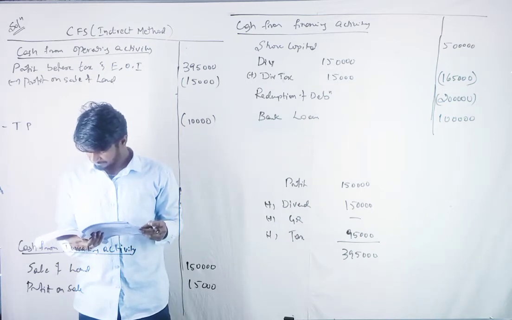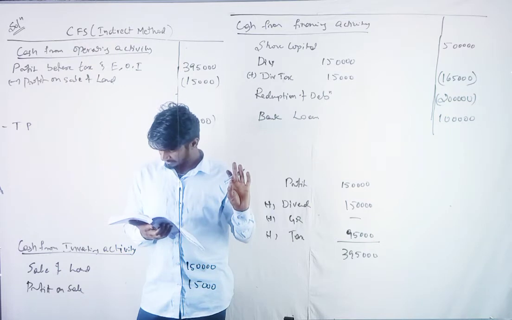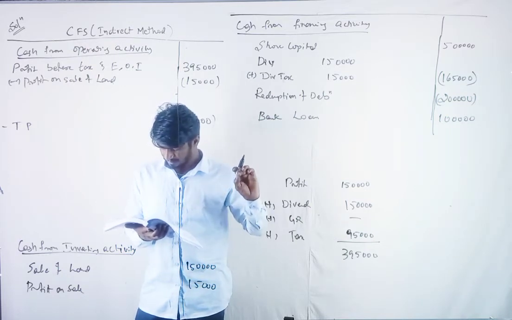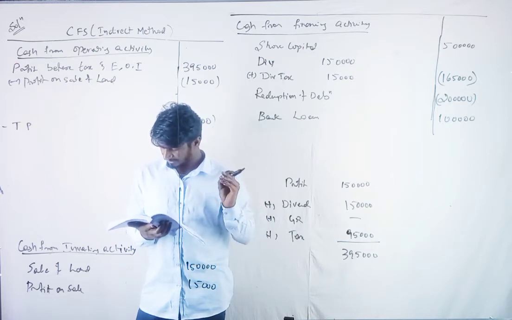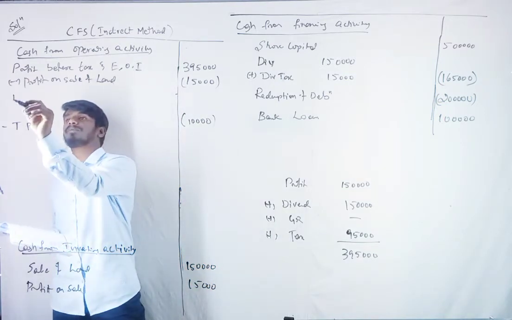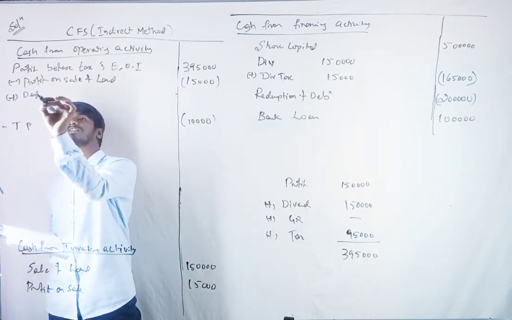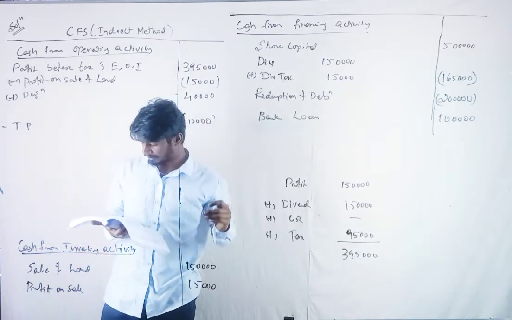The rate of depreciation on plant and machinery. Tangible asset land and building is done. Plant and machinery was 4 lakh. Nothing we have purchased, we will show depreciation, we will add depreciation 40,000.